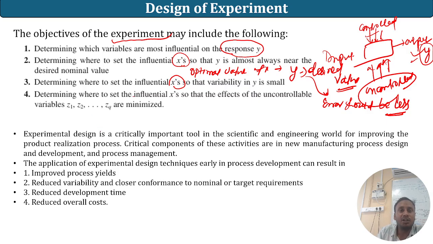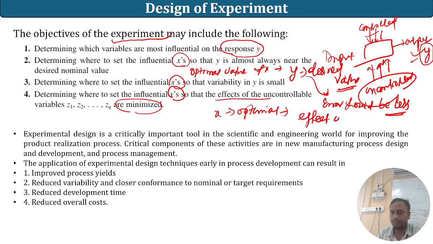Determining where to set the influential xs so that the effect of the uncontrollable variables is minimized. We will try to make x optimal, and the effect of the uncontrolled variables should be minimized.